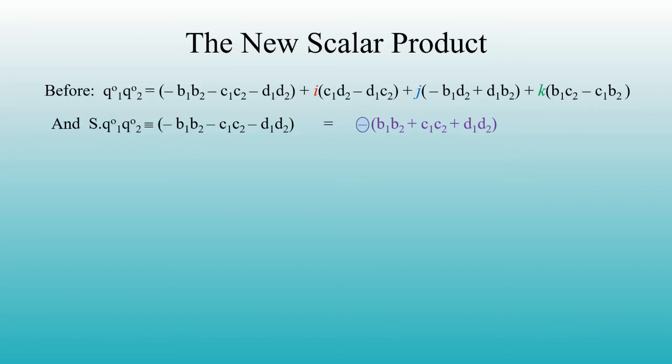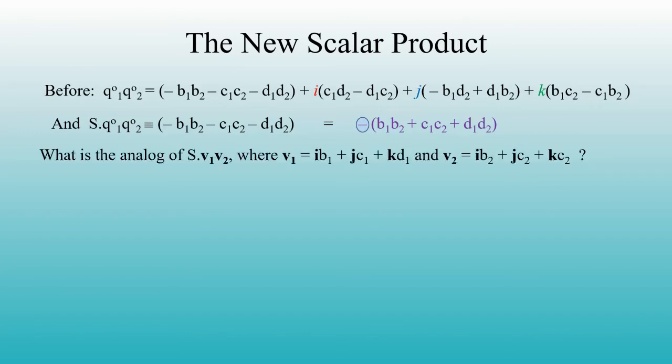Gibbs and Heaviside have just defined new vectors in which the ijk are real. What do you get when you multiply two of these vectors? Well, you do still get 9 terms, but this time they are all real. So what is the analog of Hamilton's scalar product? I'm not going to defend what follows any more than they did. I'm simply going to state it.